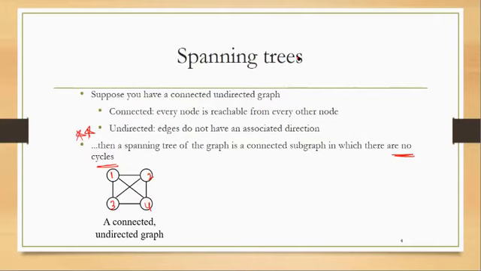I have to create a spanning tree, which means we should create a subgraph of this graph that has all the vertices. I can create it this way: start from vertex 1, go to vertex 2, then from 2 go to vertex 4, and then from 1 go to vertex 3. So this is a spanning tree.